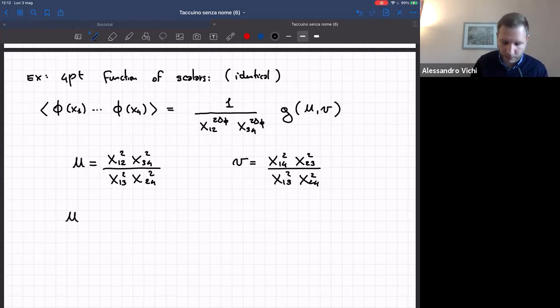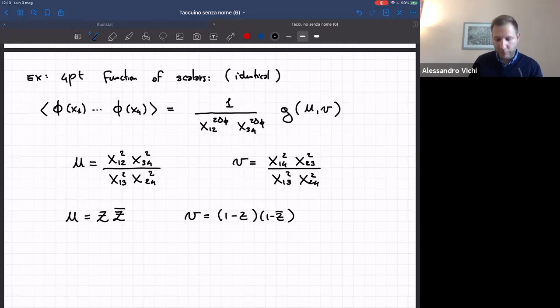Sometimes instead of u and v, we will use this combination. u we will write as z z bar, and v we will write as 1 minus z times 1 minus z bar. And in Euclidean CFT, these objects are indeed complex conjugates. So z bar is actually z star. But we will often consider them as complex independent, and deal with one at a time in the complex plane.